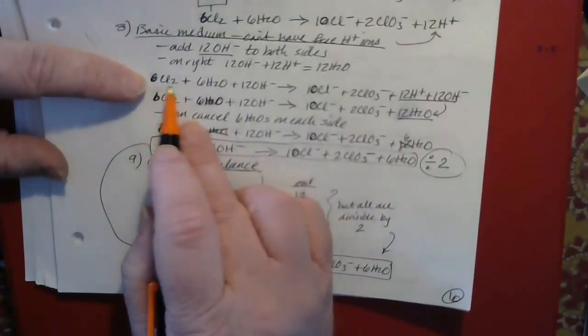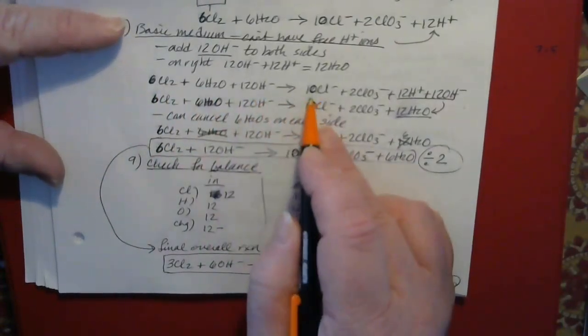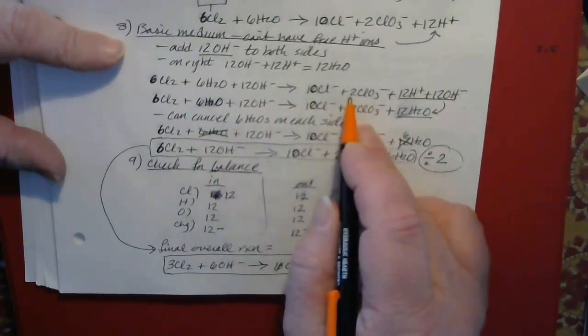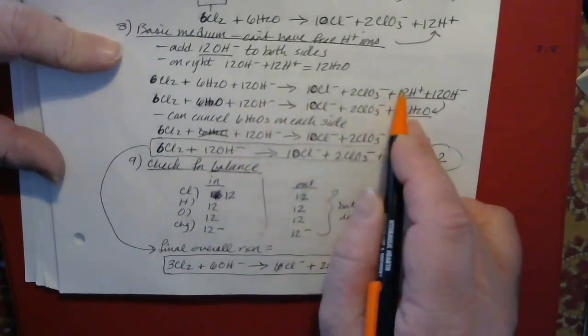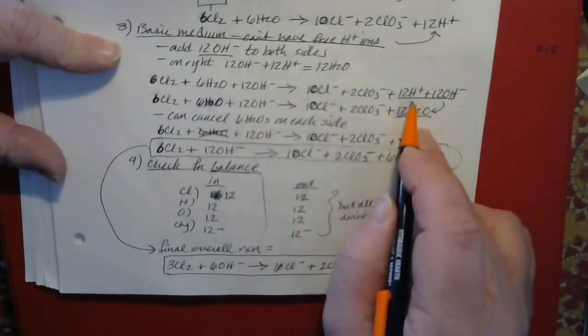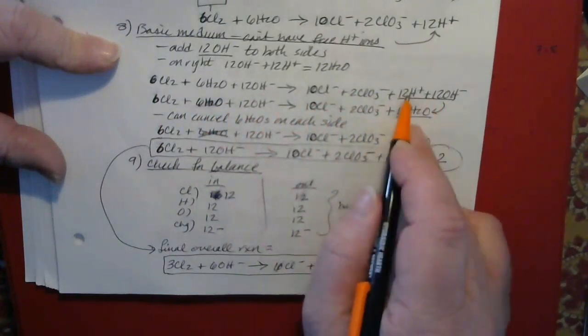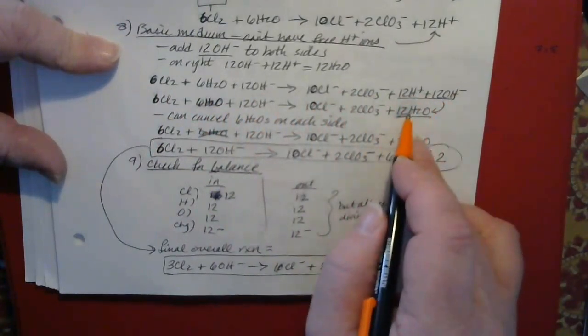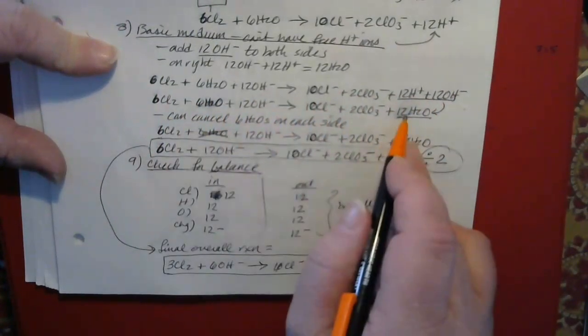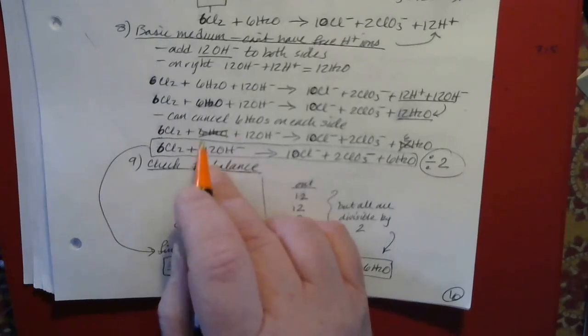So we end up with 6 Cl2s plus 6 H2O plus 12 OH minus yields 10 Cl minuses plus 2 ClO3 minuses plus 12 H plus 12 OH minus, which is 12 H2O. So here's the equation with the H pluses and OH minuses combined into H2Os. And this is your overall balanced equation in a basic solution.